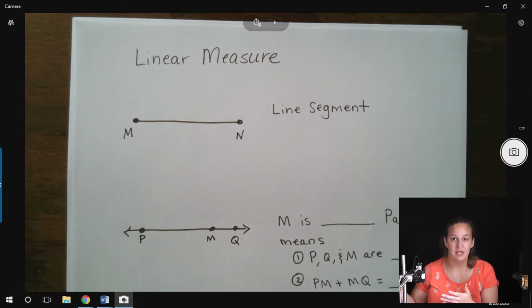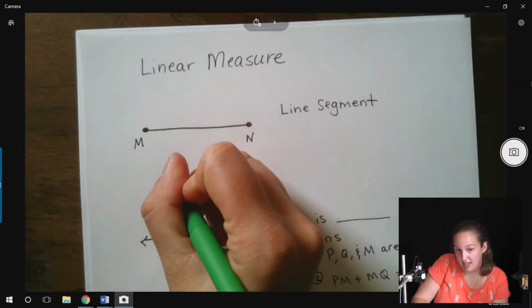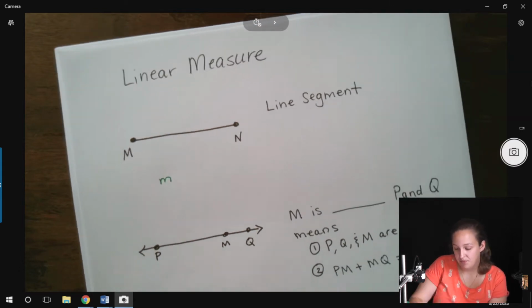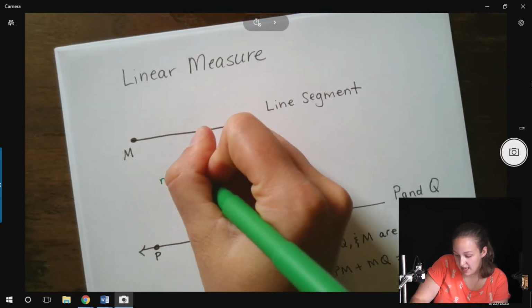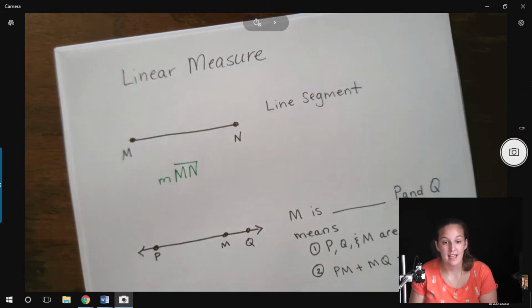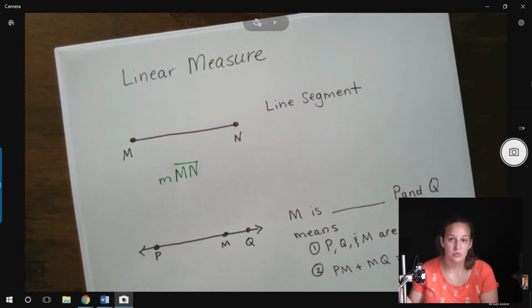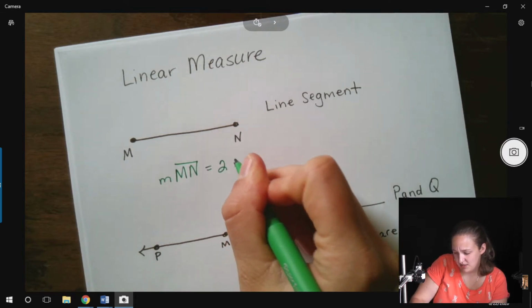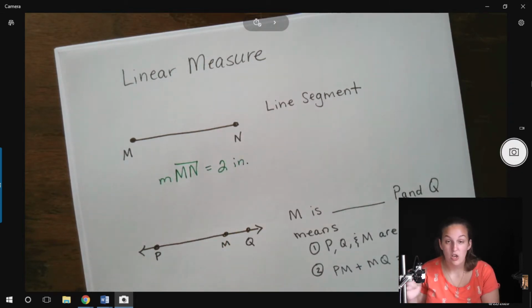So if you want to say to someone that the measurement of this segment is 2 inches, you can either say that the measurement, which is a lowercase m, of this segment, so we'll call this MN, equals 2 inches.